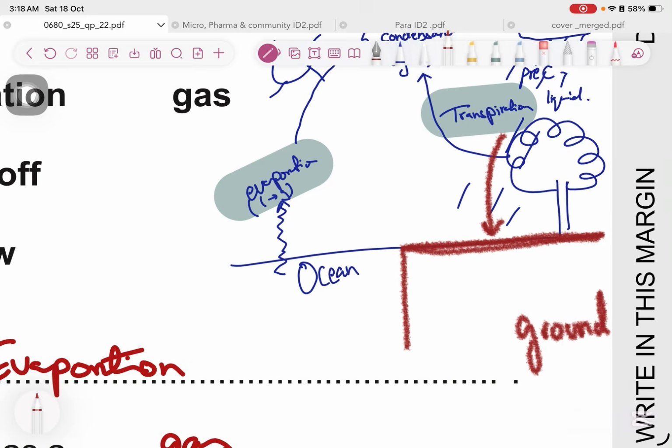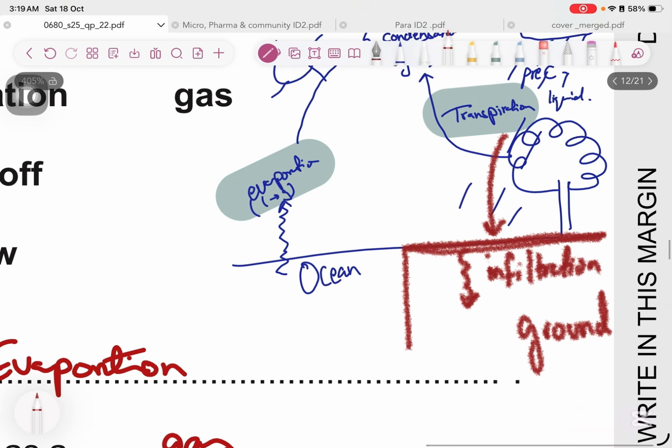When the water hits the ground or the soil, it infiltrates. Infiltration. What's the meaning of infiltration? It's the absorption of water by the ground. It's like the ground is drinking the water. That's called infiltration. And the water can just hit the surface and make its way to the ocean, and that's called runoff.